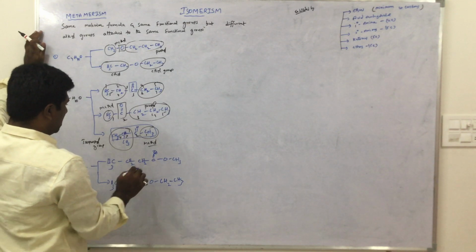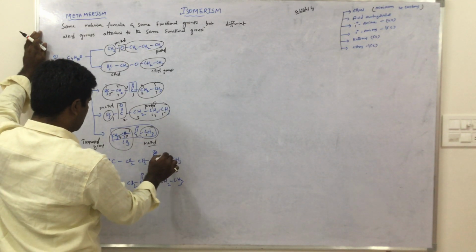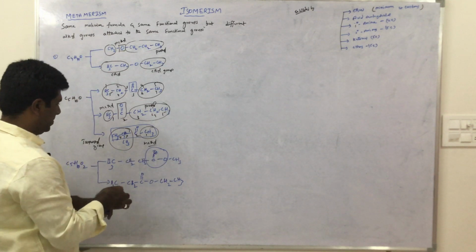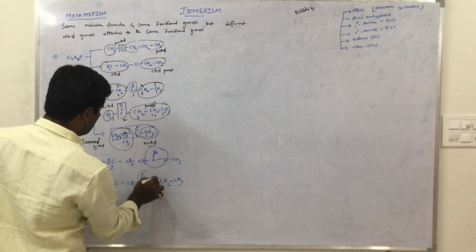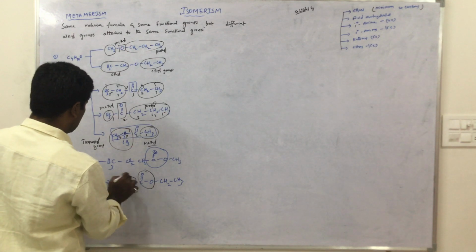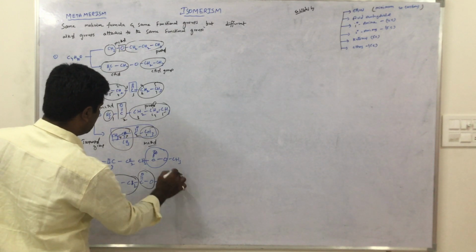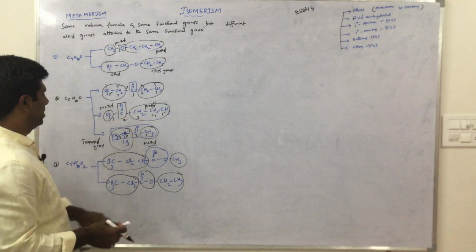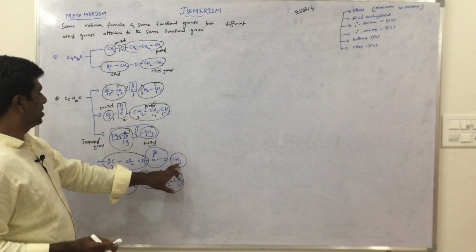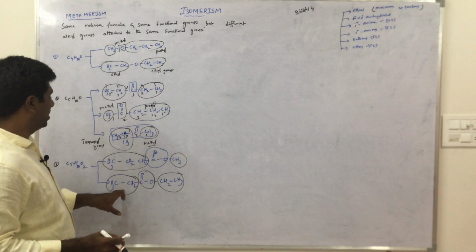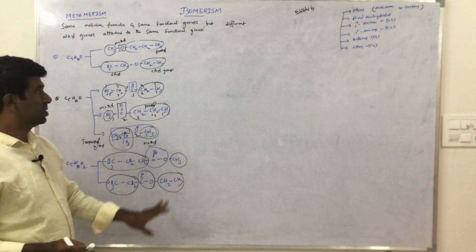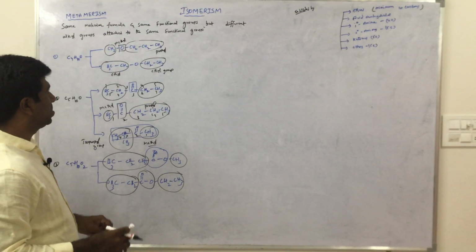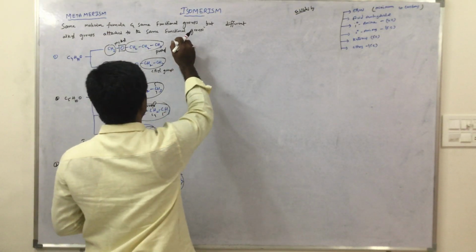This is the ester group, the functional group. Here ethyl and ethyl are present, here methyl and propyl are present. Same functional group with different alkyl groups, so these two are metamers.